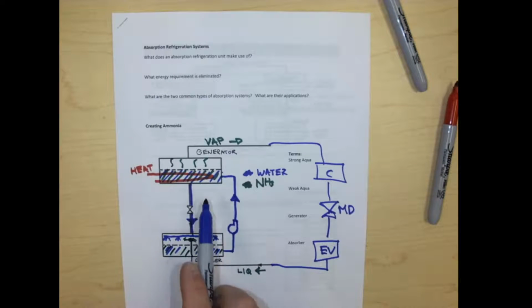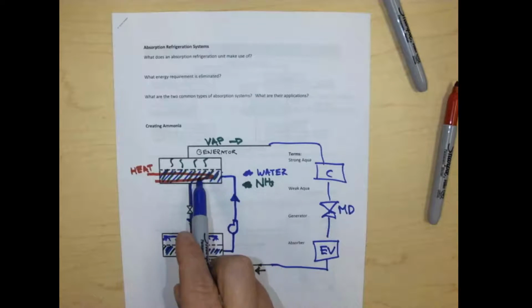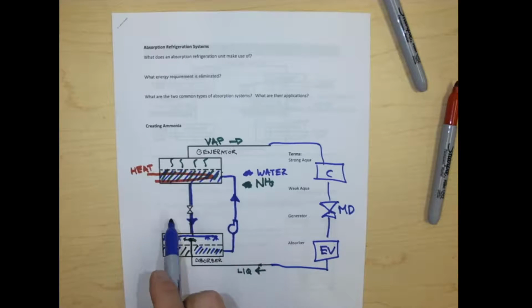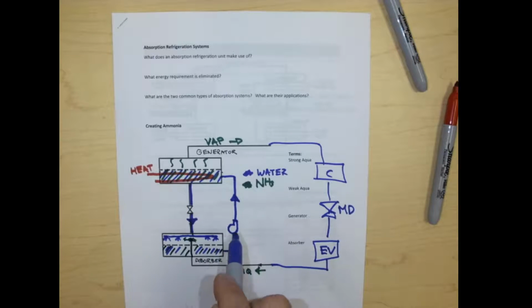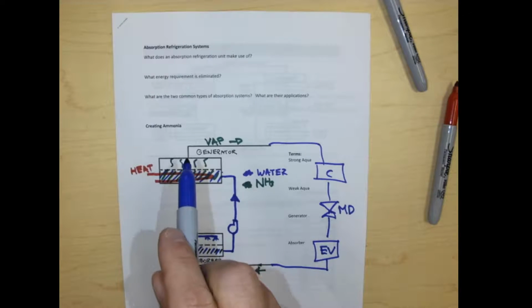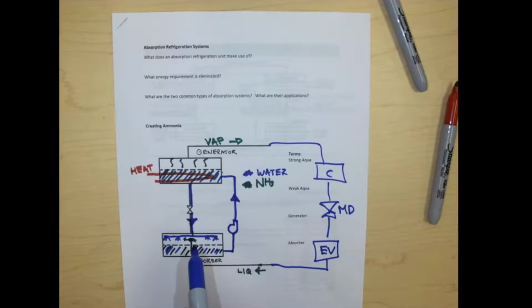So I have a recirculation of fluid between my absorber and my generator, and what it allows me to do is carry my ammonia through and absorb it into the water here and then release it up top.